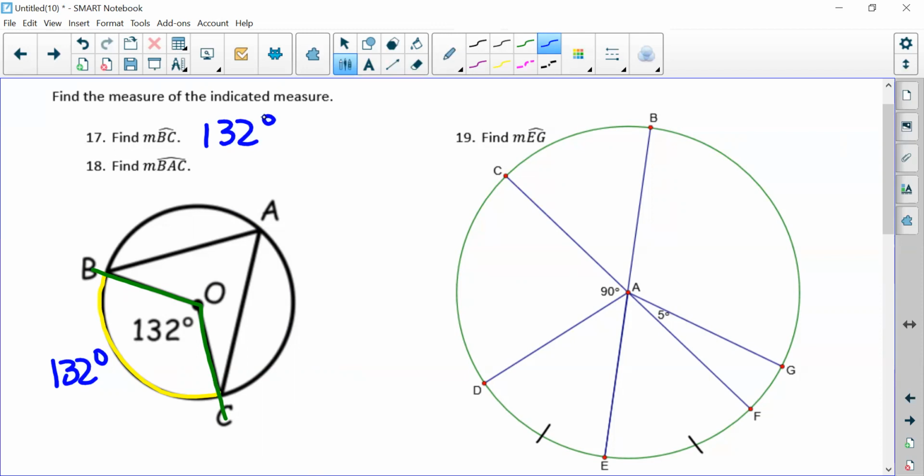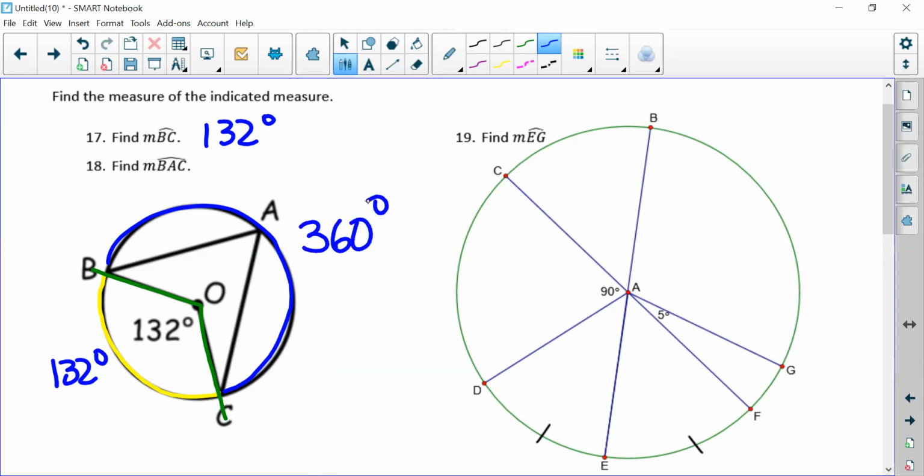Okay. For number 18, they asked us to find the measure of arc BAC. Okay. Y'all, it's 3 letters. So you already know either it's going to be a semicircle, which is exactly 180, or it's going to be greater than 180, okay, because it's a major arc. Now, to find the measure of arc BAC, we know that the measure of arc BC is 132, and we know that the sum of all the arcs in the circle is 360.